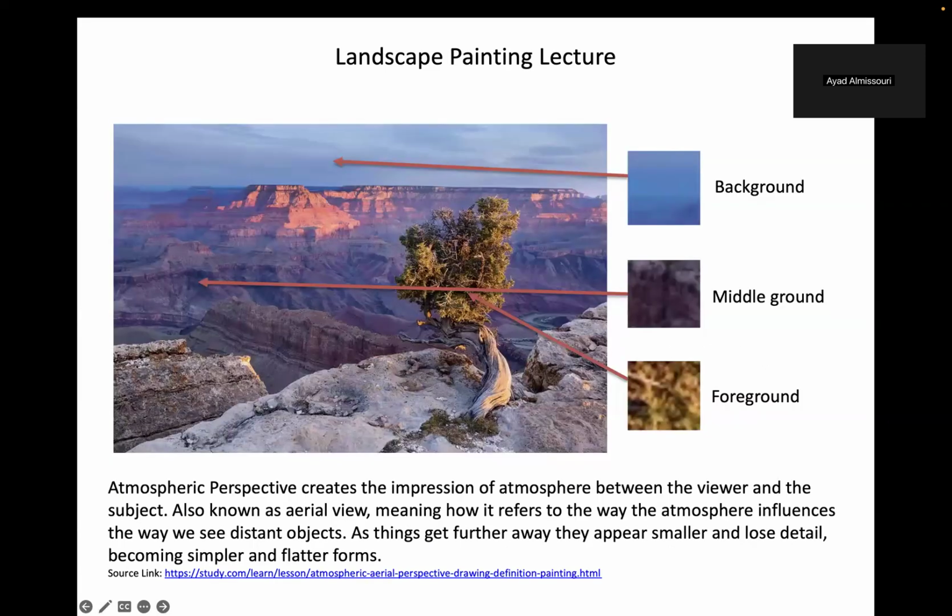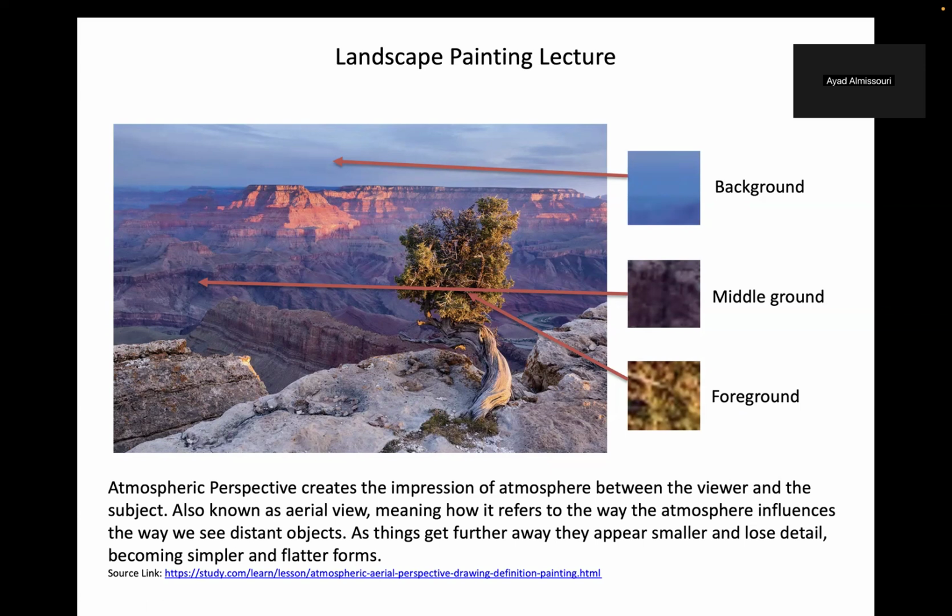Now let's look at another example here. Just a standard photo. I believe this is the Grand Canyon I found off of Google. But atmospheric perspective creates the impression of the atmosphere between the viewer and the subject, also known as aerial view, meaning it refers to the way the atmosphere influences the way we see distant objects.